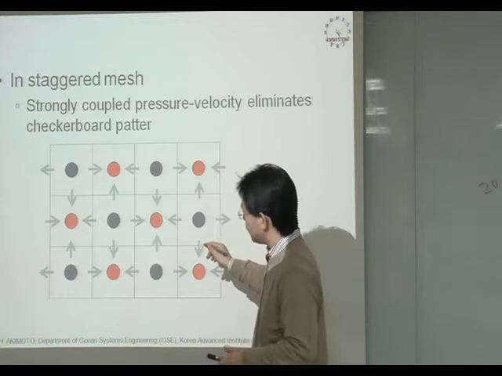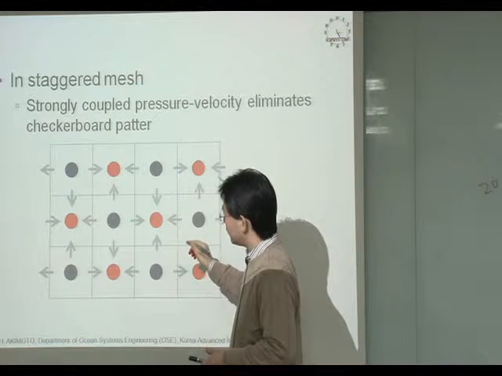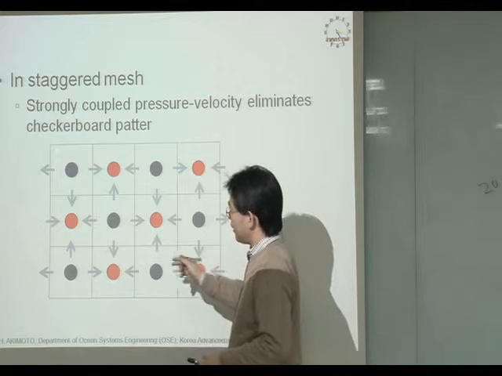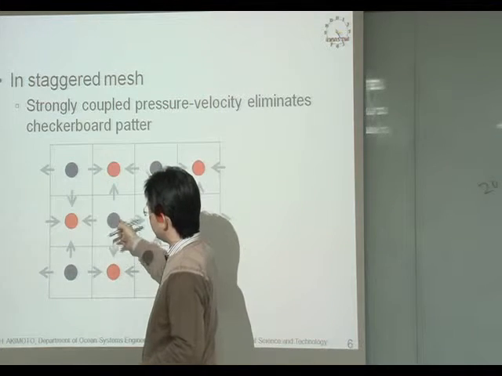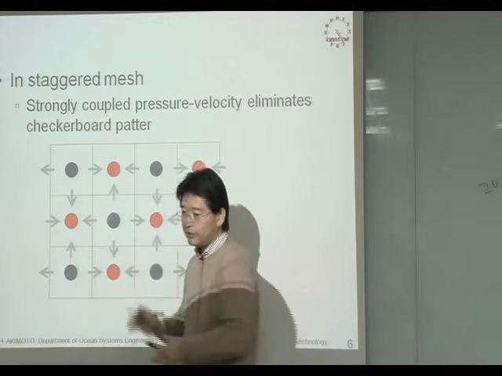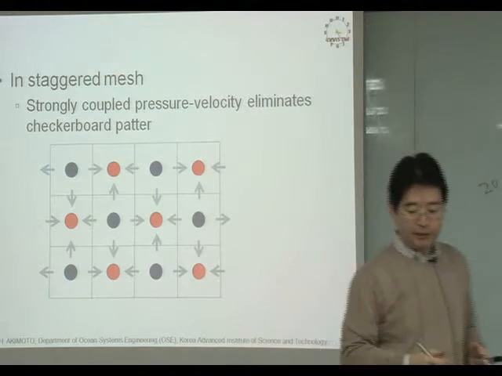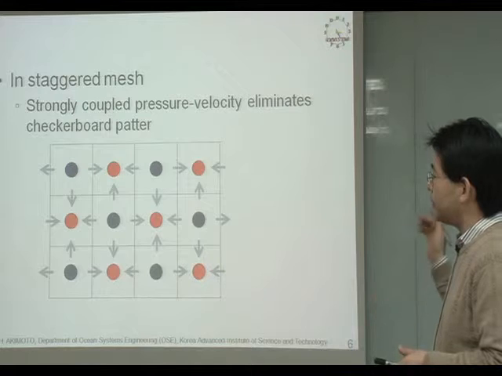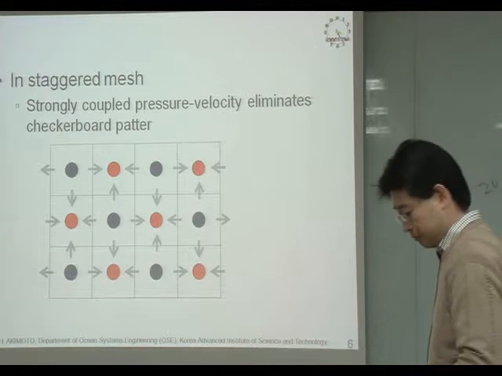In this case, it will change the direction. It will repel back the velocity, and this point pulls the velocity field, and it will lead to an almost flat pressure distribution in the next time step.